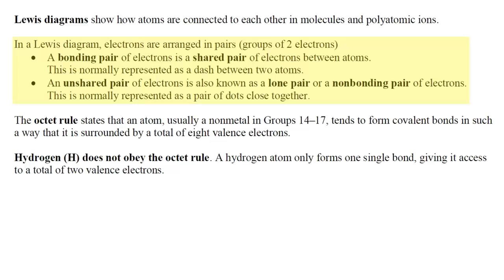An unshared pair of electrons, also known as a lone pair or a non-bonding pair of electrons, is normally represented as a pair of dots close together. The octet rule states that an atom, usually a nonmetal in groups 14 to 17, tends to form covalent bonds in such a way that it is surrounded by a total of 8 valence electrons.